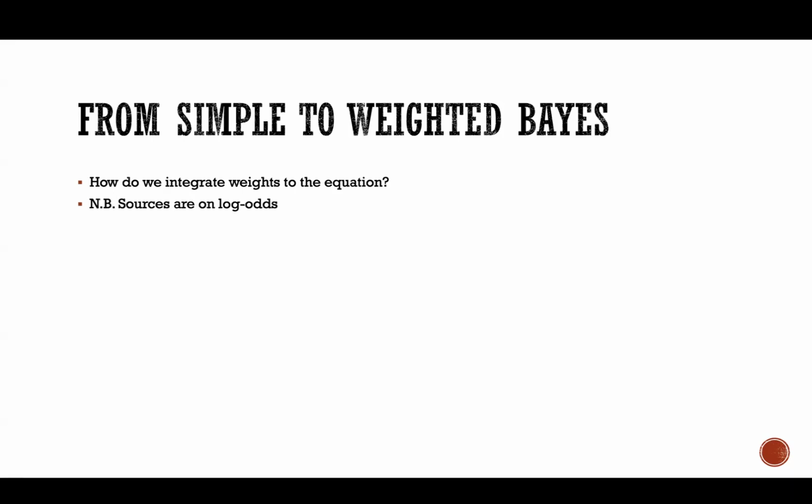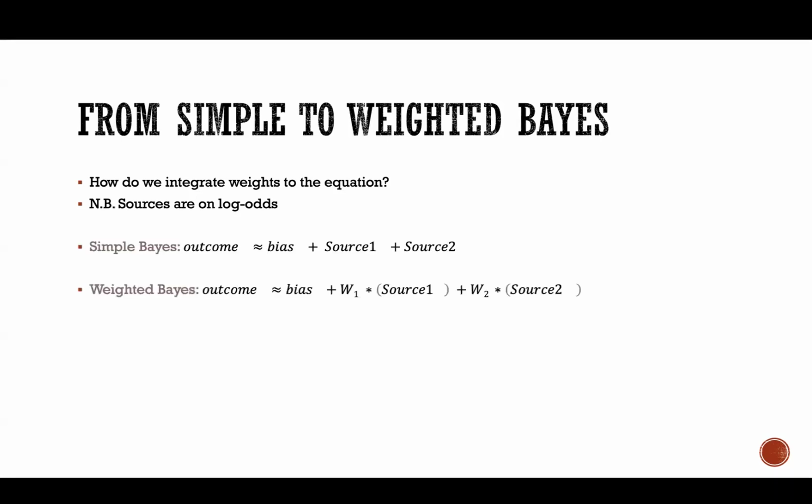If you think about it, it's really nothing but a logistic regression, in a sense, so we can simply add a coefficient. Now we're just taking the information at face value. When we have a weighted Bayes, we just put a beta coefficient and we call it W because now it looks like a fancy equation. It's nothing but a logistic regression with the outcome still on the logistic scale.